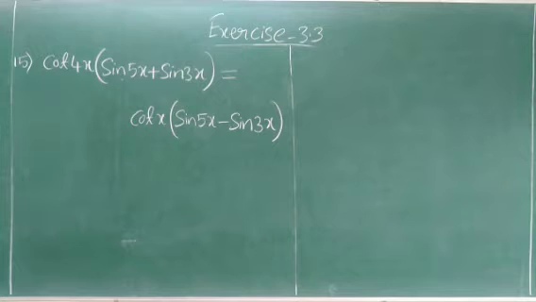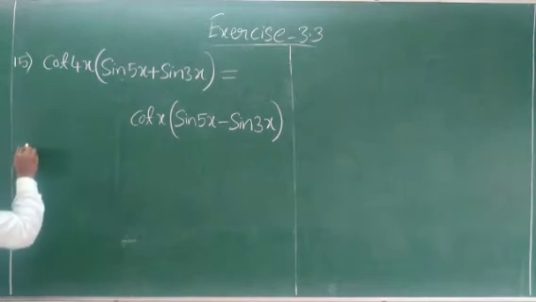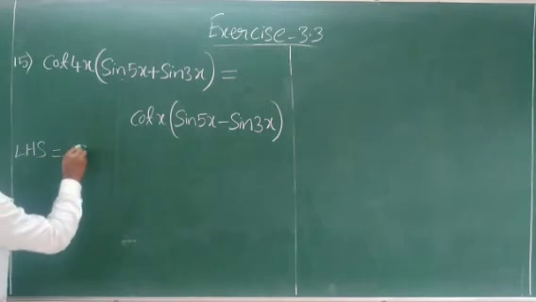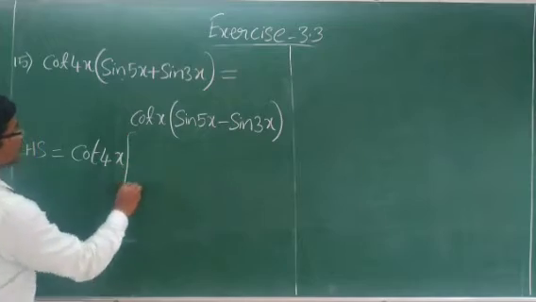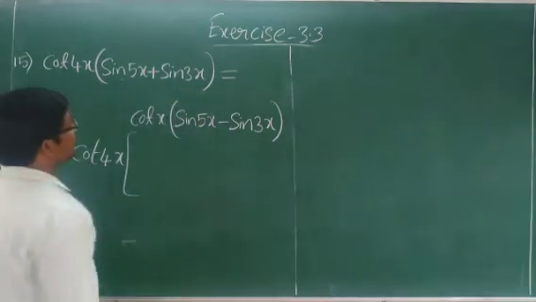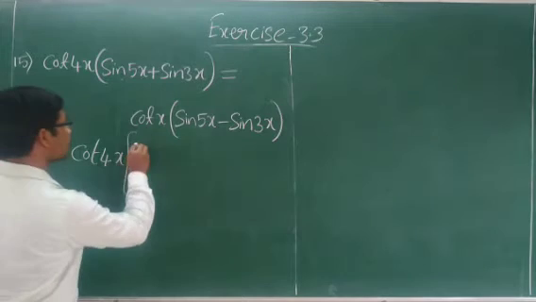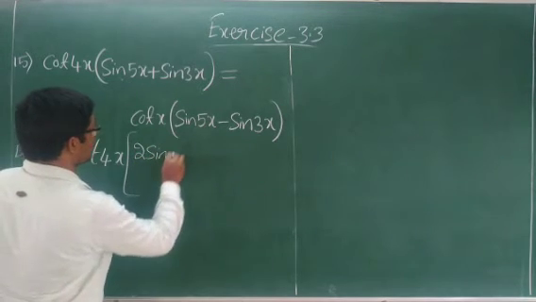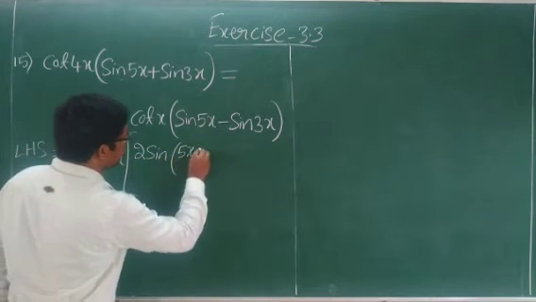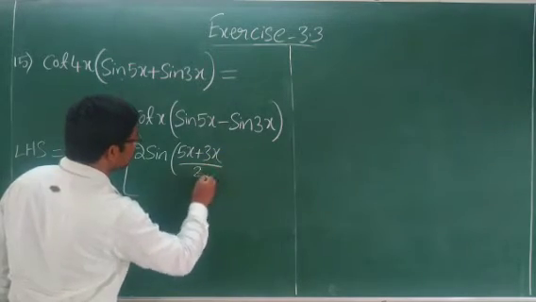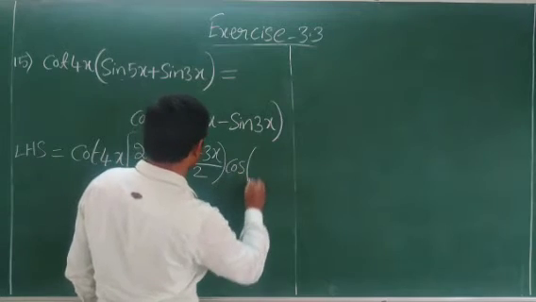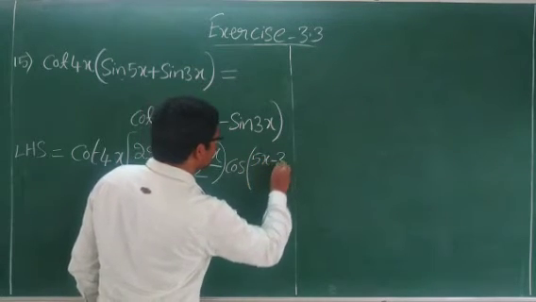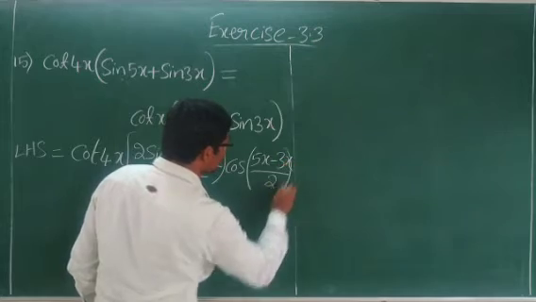Next question, again prove that LHS equals RHS. So first take the LHS, that is equal to cot of 4x into sin 5x plus sin 3x. Again we use sin x plus sin y is 2 sin of (x plus y) by 2 into cos of (x minus y) by 2.